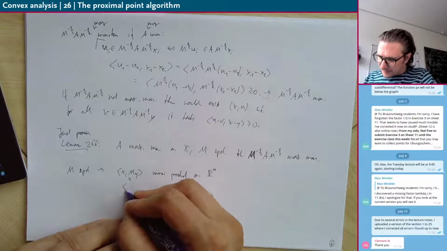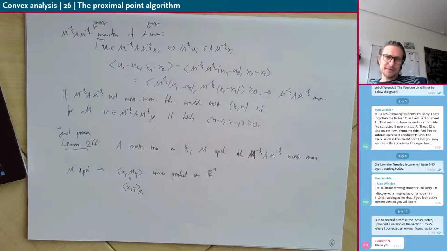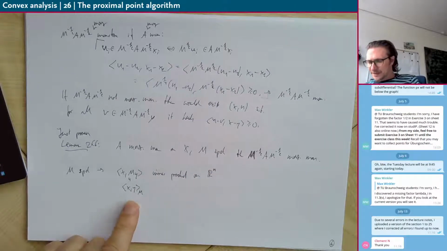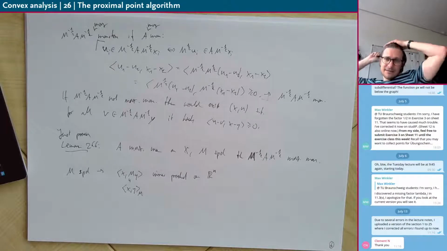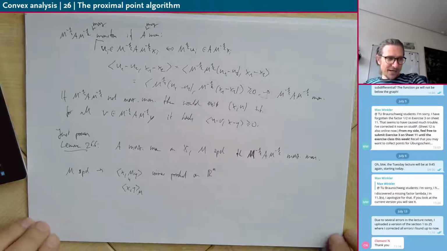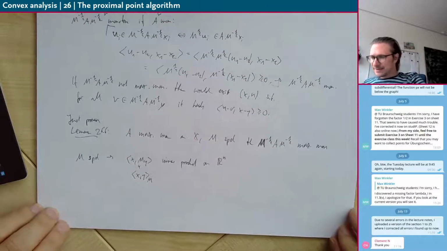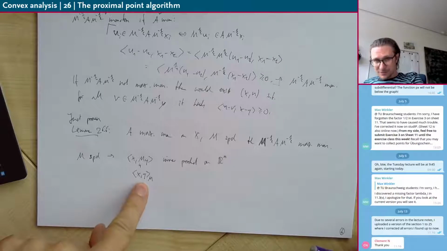And this gets the name x, y, M. So any positive definite matrix gives us an inner product on R^n. We just kind of rotate and scale the axes somehow, maybe even flip something. So what we can now see is that this operator M to the minus 1 A is actually monotone, but not in the normal inner product, but in that inner product.